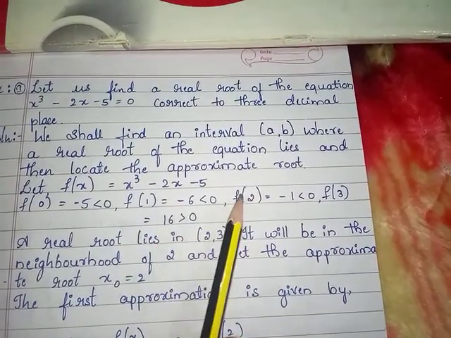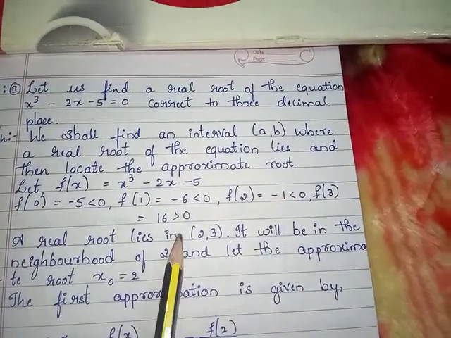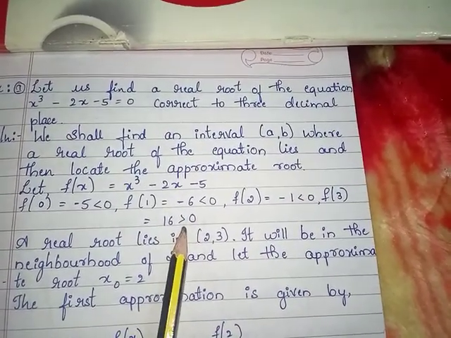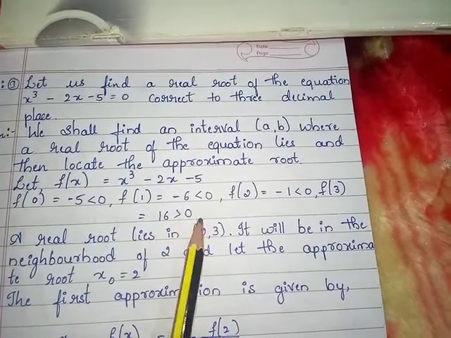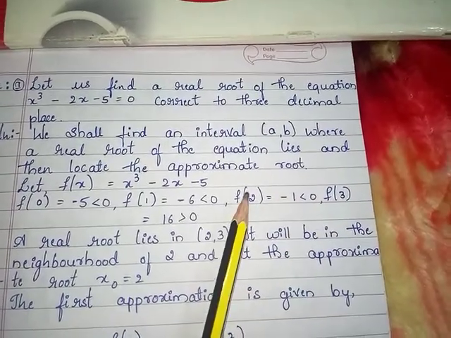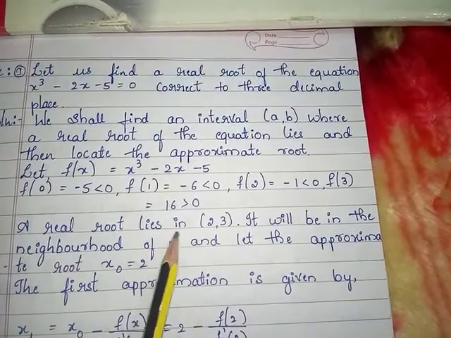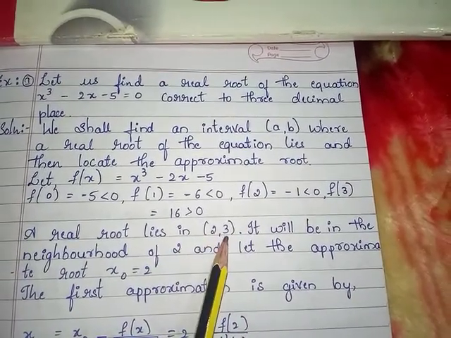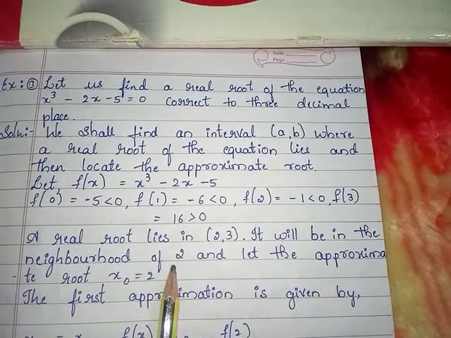Here f of 2 and f of 3 are two consecutive values, one less than 0 and the other greater than 0. Therefore our real root lies between 2 and 3, because the a value is 2 and the b value is 3. A real root lies in the interval (2, 3). It will be in the neighborhood of 2.